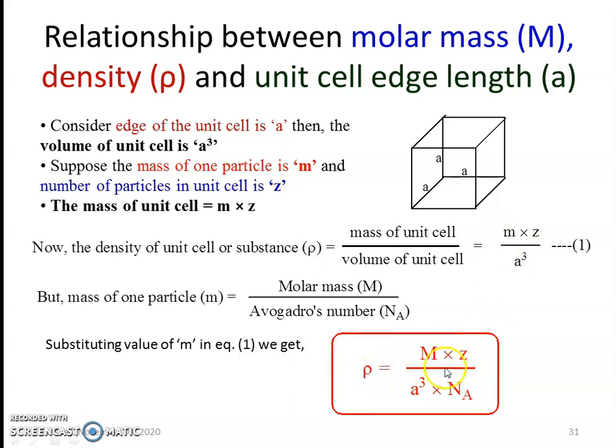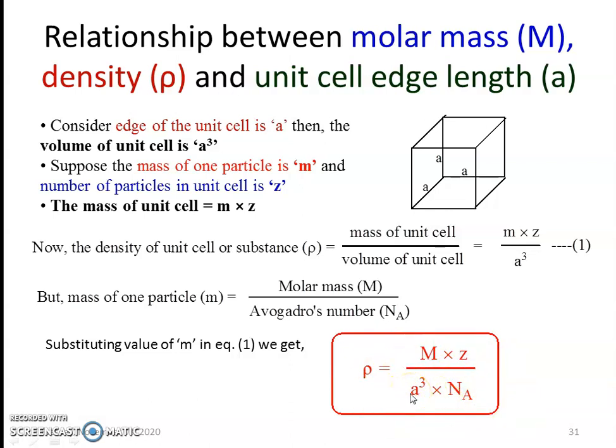So rho is equal to M into Z upon a cube into Na, where rho is the density, capital M is the molar mass, Z is the number of particles present in the unit cell, a cube is the volume of the unit cell, and Na is the Avogadro number. This relation is very important.